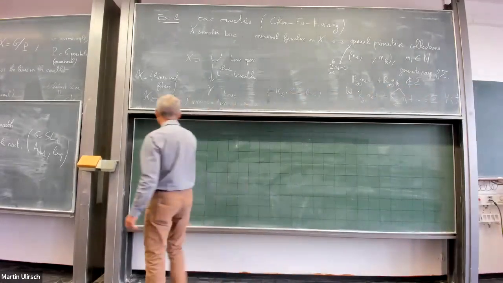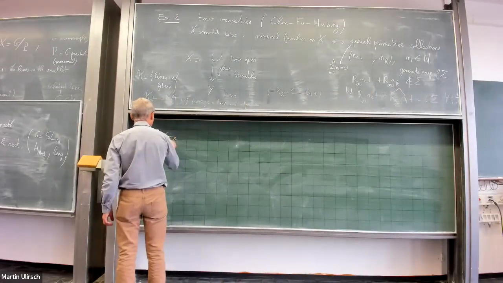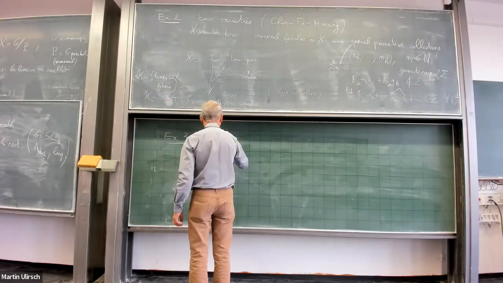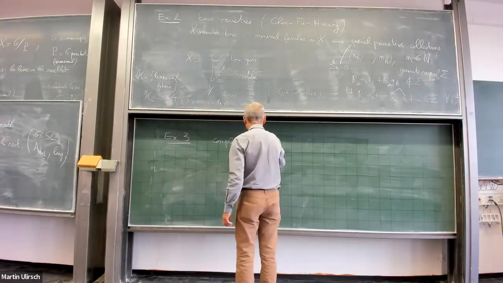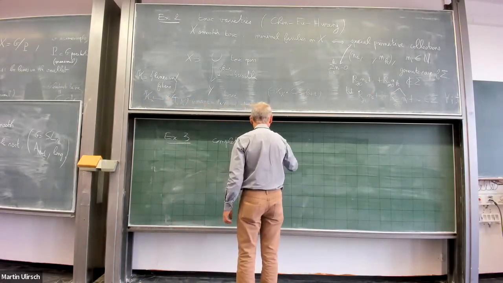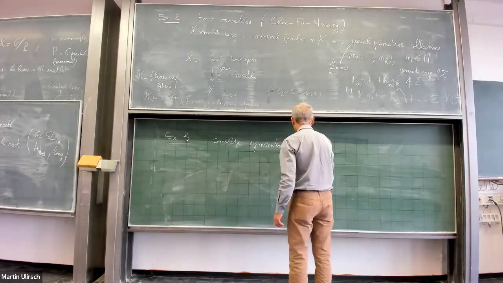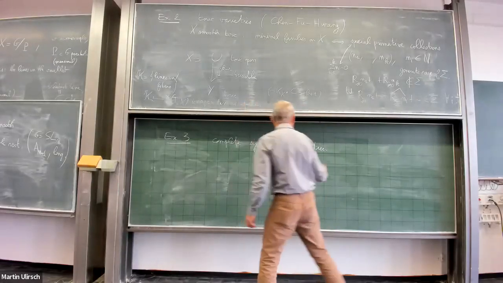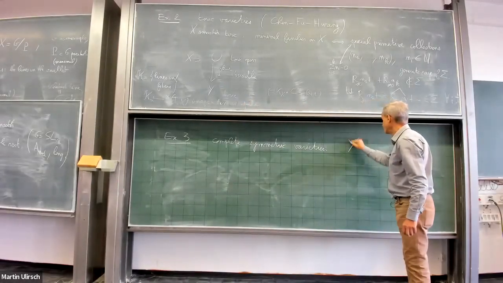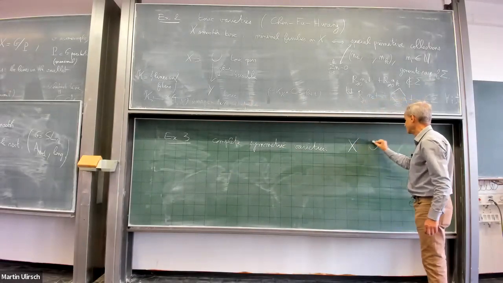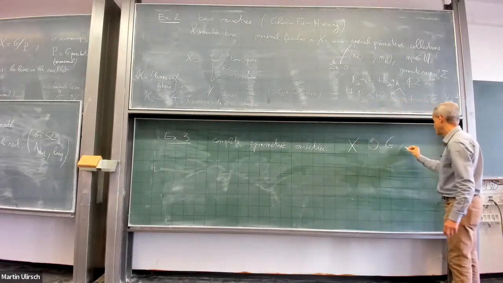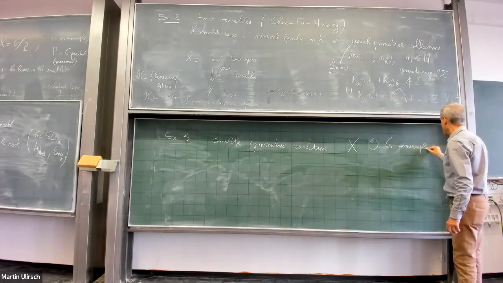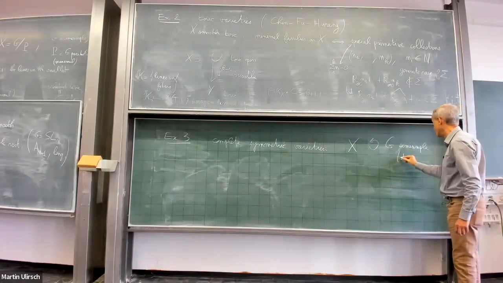So we consider complete symmetric varieties. These are smooth projective varieties with an action of, say, a semi-simple group. Maybe I'll take it adjoint for simplicity.